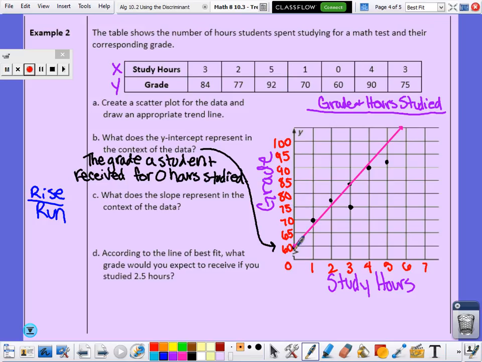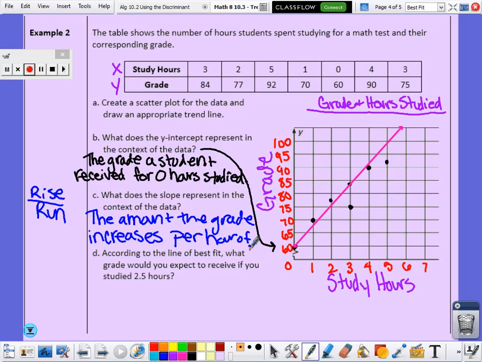And we say increases because this is a positive slope. You're going up and to the right. Okay, so my sentence is going to be the amount the grade increases per hour of study. Running out of room since we're going up in 1 hour increments here.